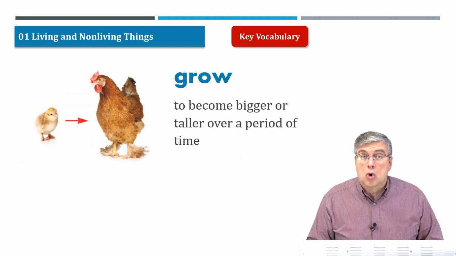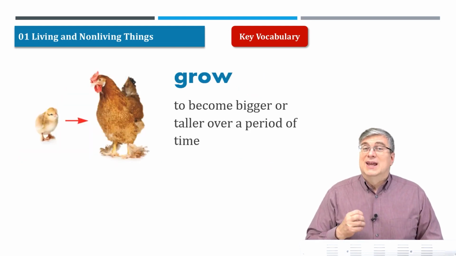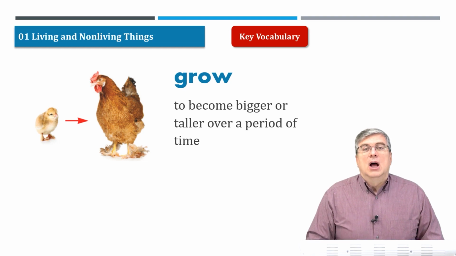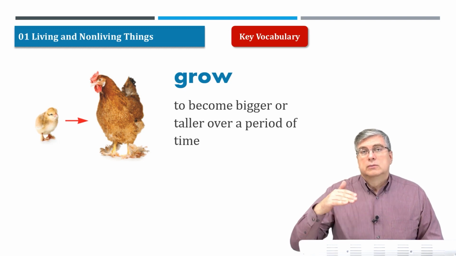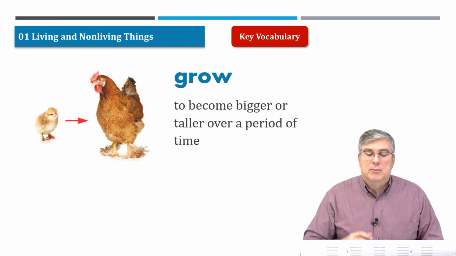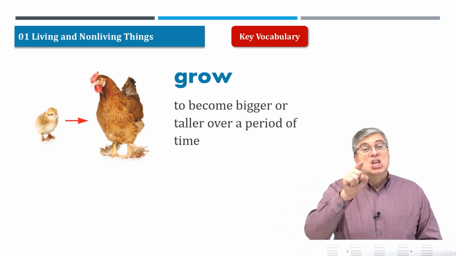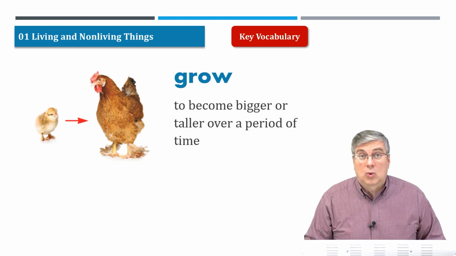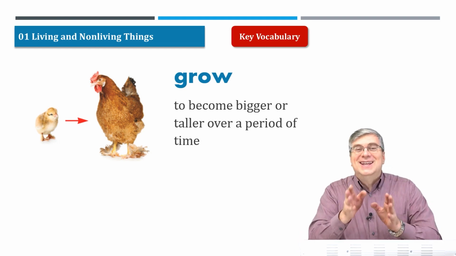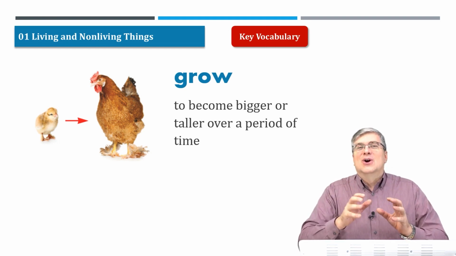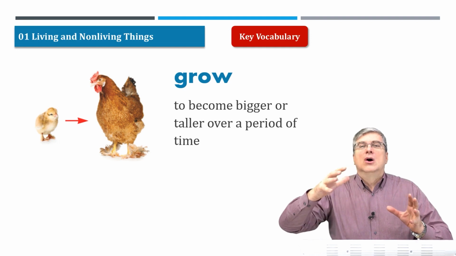Next word is to grow. Things that live grow. They grow during their lives, right? They become bigger or taller over a period of time. You are growing right now, right? You can't see it. To grow usually means it takes a long time.